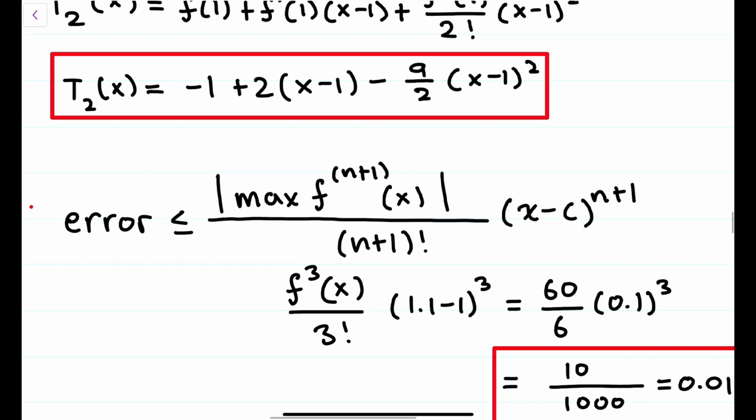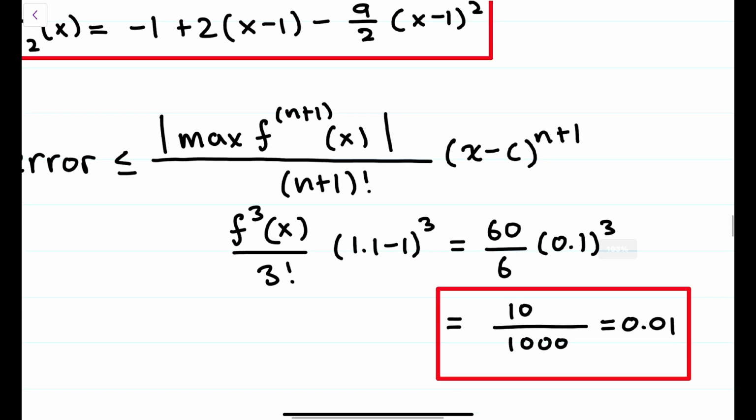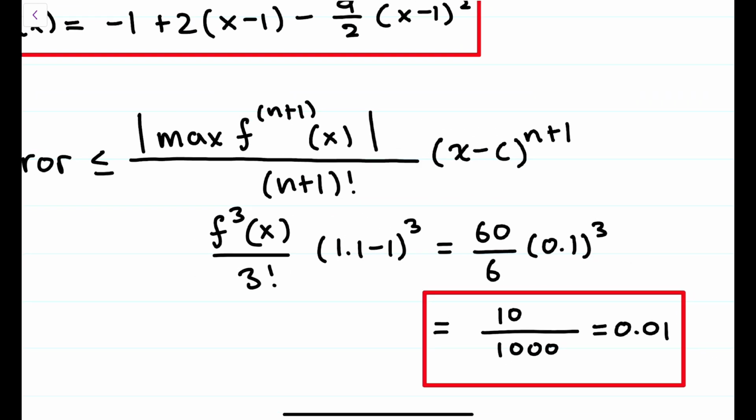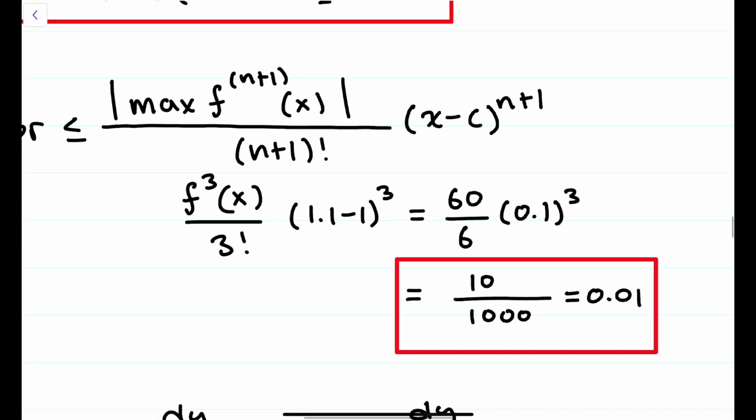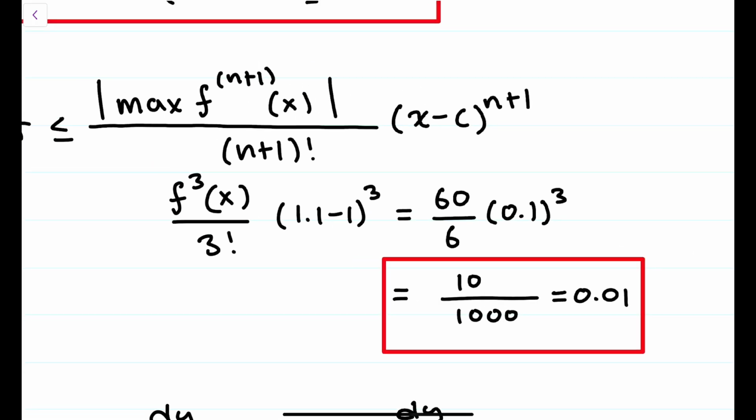So we do f of 3 of x over 3 factorial, and (1.1 minus 1) to the third, and the question says that f of 3 of x is less than or equal to 60, and 3 factorial is just 6, so it's 60 over 6 times 0.1 to the third, which is just 10, and then 0.1 to the third is 1 over 1,000, so 10 over 1,000 is equal to 0.01.